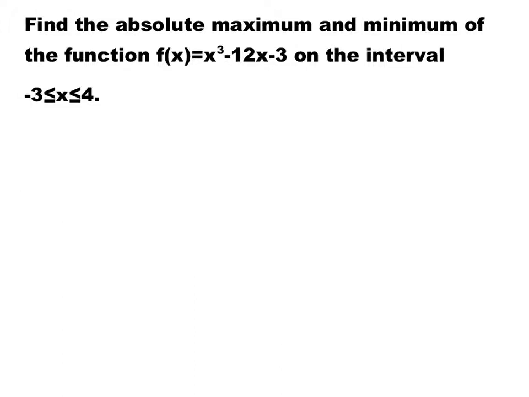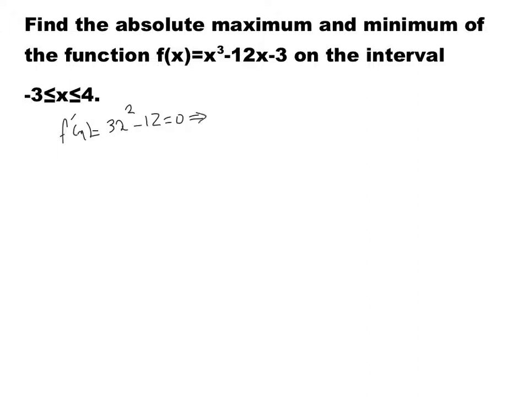The next example says find the absolute maximum and minimum of the function f of x equals x cubed minus 12x minus 3 on the interval of x between negative 3 and 4. First, we need to find f prime of x, which is 3x squared minus 12. We make it equal to 0.